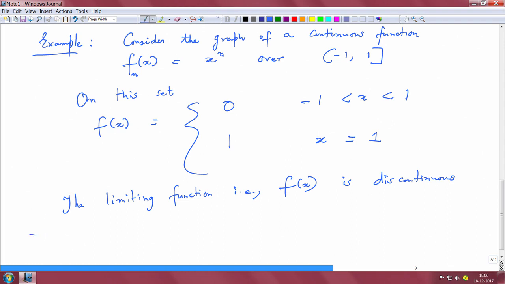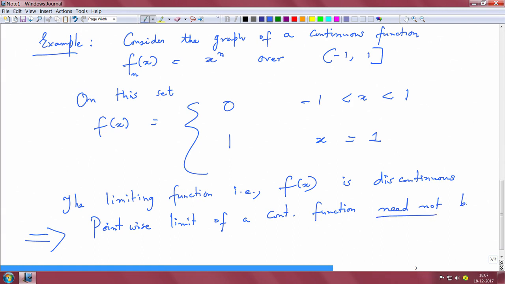So what it implies is the pointwise limit of a continuous function need not be continuous, right.